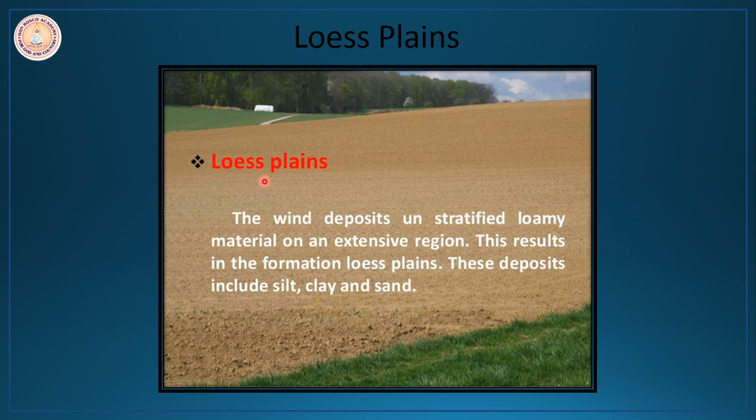Loess. First, let us understand what is loess. Loess is the fine sand which has been brought by winds and deposited along the rivers. Now when sand comes in contact with water, it becomes pretty fertile.